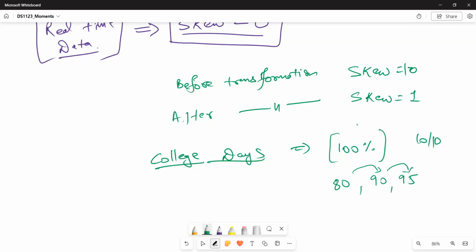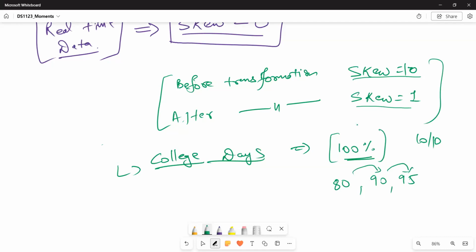So if it's college days and your semester exams are going on, the closer you are to 100%, the better is your result, right? The same thing happens in transformation, right? If earlier the skewness is 10, and you are able to reduce it to 1, then a skewness of 1 is better than having a skewness of 10.